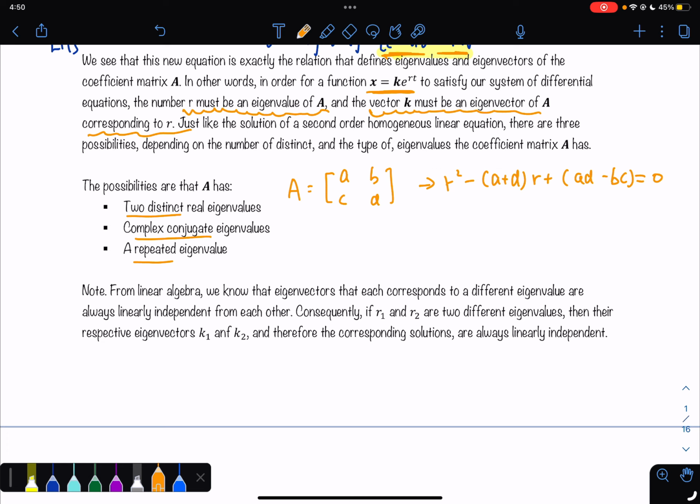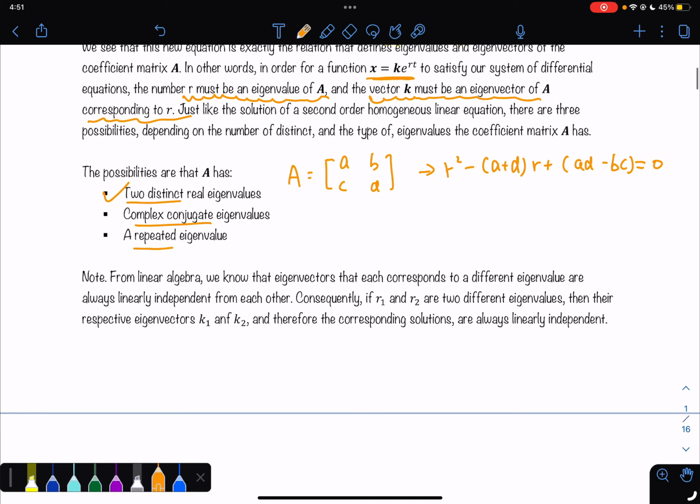Just like the characteristic polynomial which we use to solve second-order linear ordinary differential equations, the distinct real eigenvalue would be the simplest case. We need slight manipulation for the complex conjugate case and the repeated root case. So for today's class, we are only going to discuss that. We're going to discuss the other part when we come back and teach the material face-to-face.